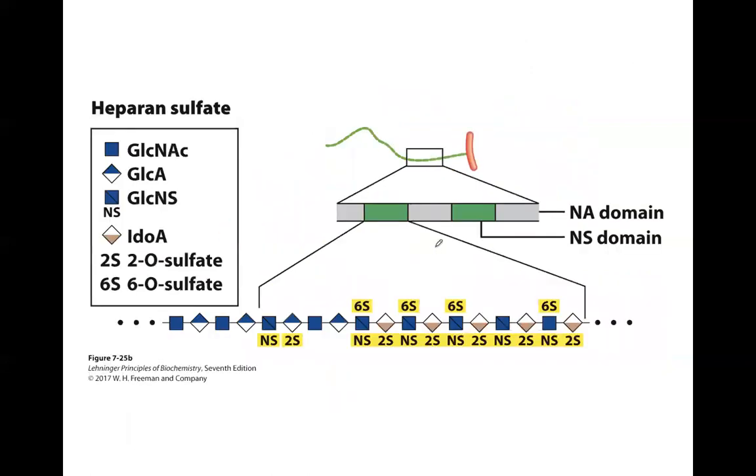Now this is a more detailed structure of one of these proteoglycans. This is a glycan unit. You can see there is some glucose, N-acetyl glucosamines, glucuronic acids, and some sulfates present as well: 2-sulfate, 4-sulfate, iduronic acid, which is a different type of sugar.